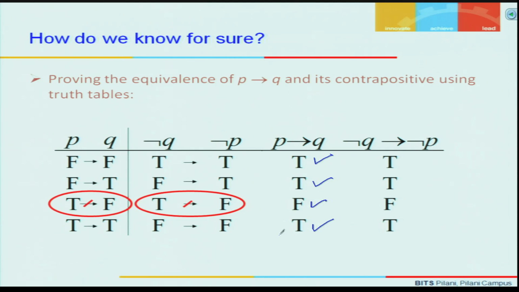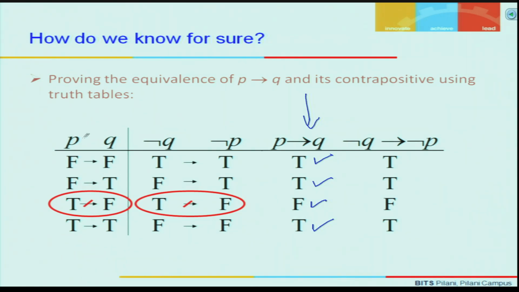In fact, we have seen that the only way P implies Q can take false is when P takes true and Q takes false. That is the only combination where P implies Q is false. In all other combinations it is true. Hence we get this column.